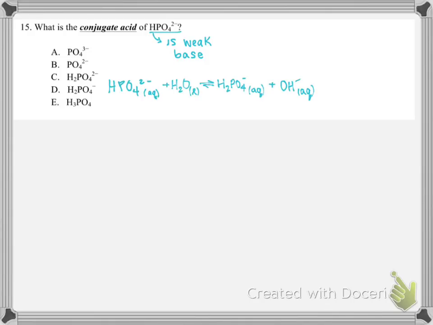Now that we have our base hydrolysis reaction, we can see that our original species has acted like a base and has picked up a proton from the water to become H2PO4-. So these two are a conjugate pair, and this H2PO4- is the conjugate acid.